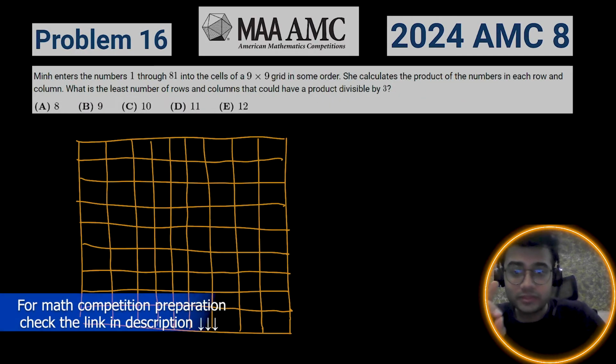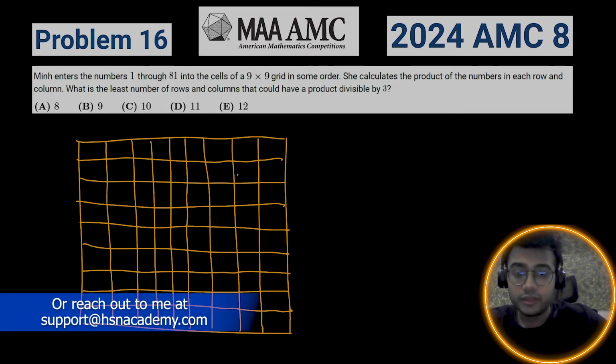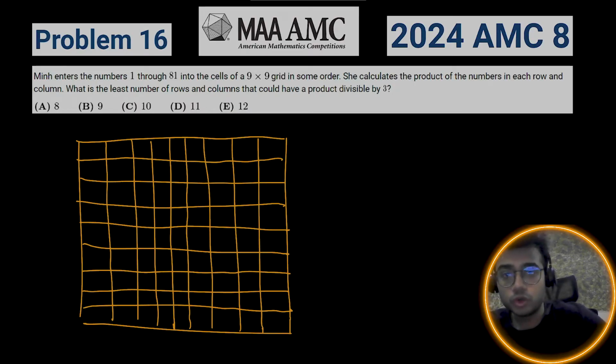Okay, so in this problem, we have a 9 by 9 grid and we're placing numbers from 1 to 81 in it. What we're doing is taking the product of each row and each column, and we want to see what is the least number of rows that will have a product divisible by 3.